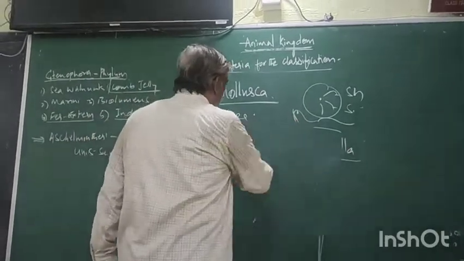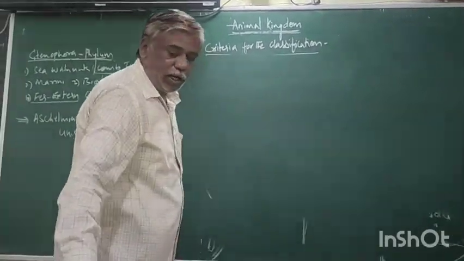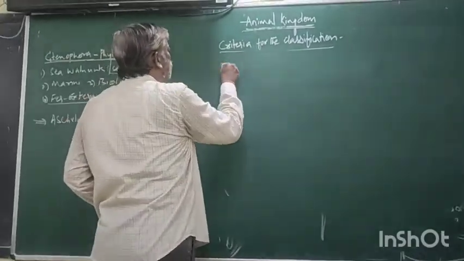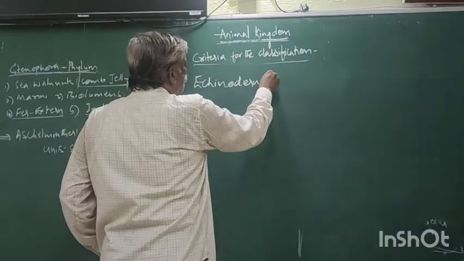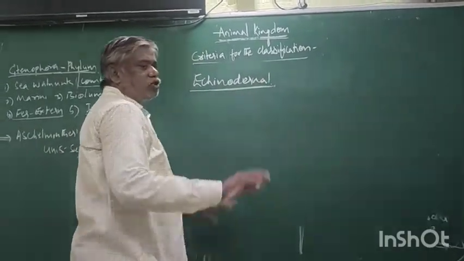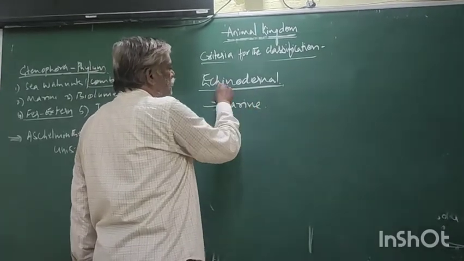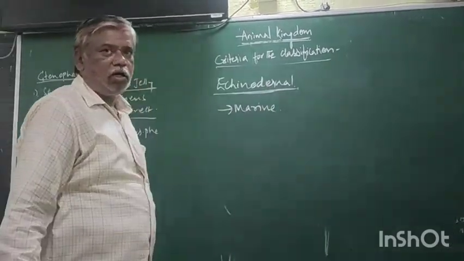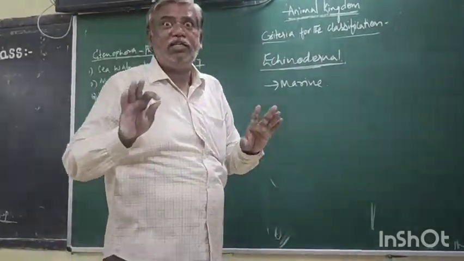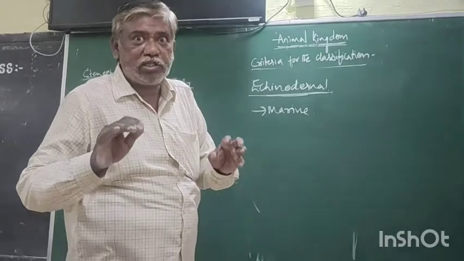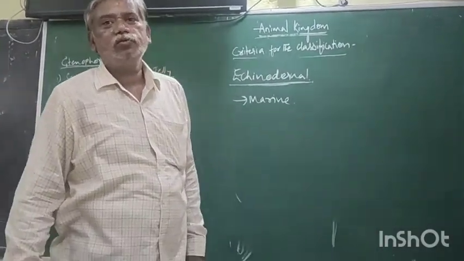Now come to the next phylum, echinoderm. These are exclusively marine. That means any animal which belongs to echinoderm, if you want to see one, you must visit the sea.